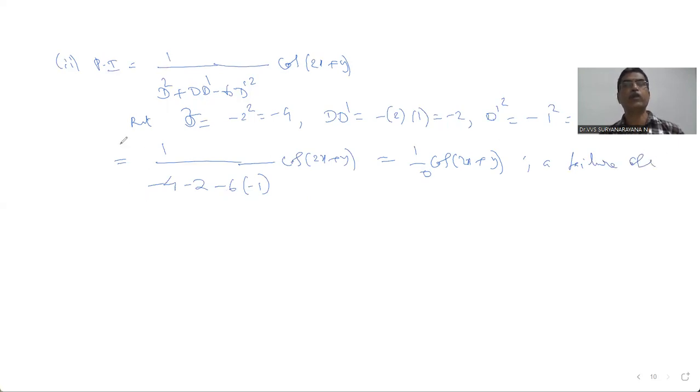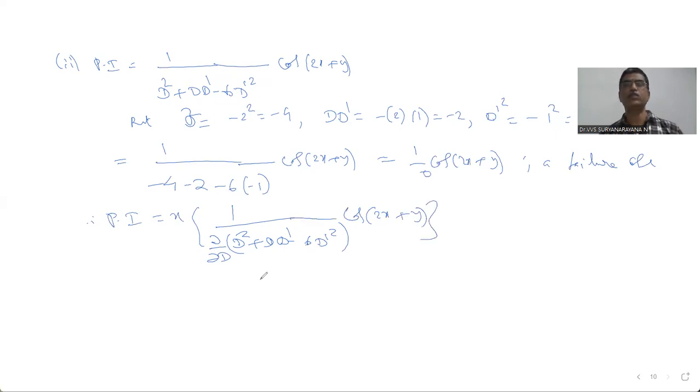So what we'll do as per the procedure, we'll multiply with x, and in place of D square plus D D dash minus 6 D dash square, we'll consider its partial derivative with respect to D. This is the process.